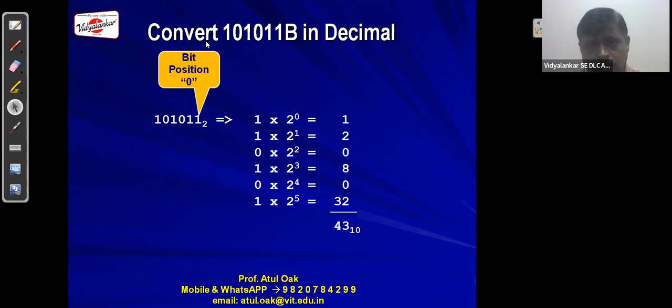Question is, convert 101011 B, for binary, into decimal number system. So this is my binary data, that means in machine.